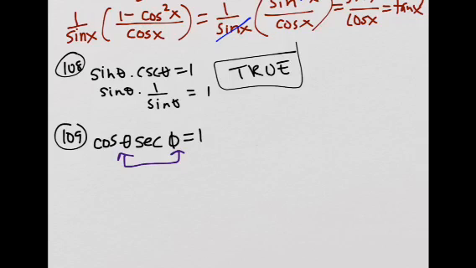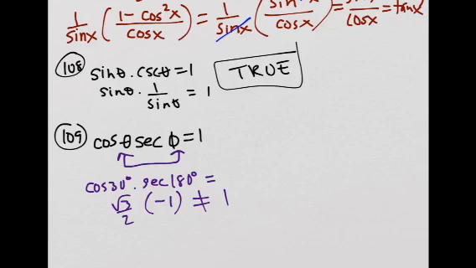For example, if you have cosine of 30 degrees times the secant of 180 degrees, secant of 180 degrees is negative 1, and cosine of 30 degrees is radical 3 over 2. This does not equal 1. So this is false because we found a counterexample. Generally speaking, for this statement on 109 to be true, these angles have to be the same.